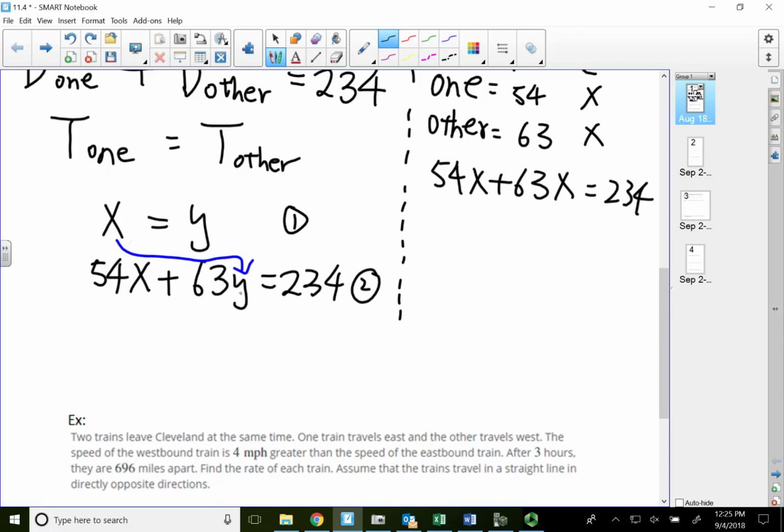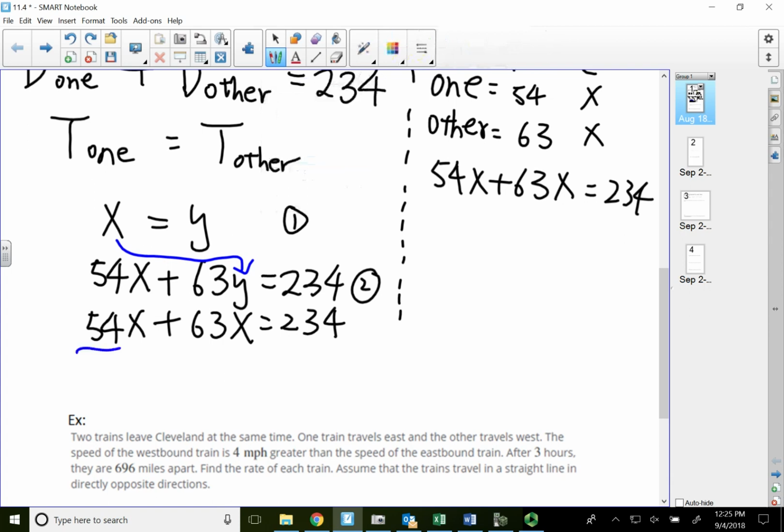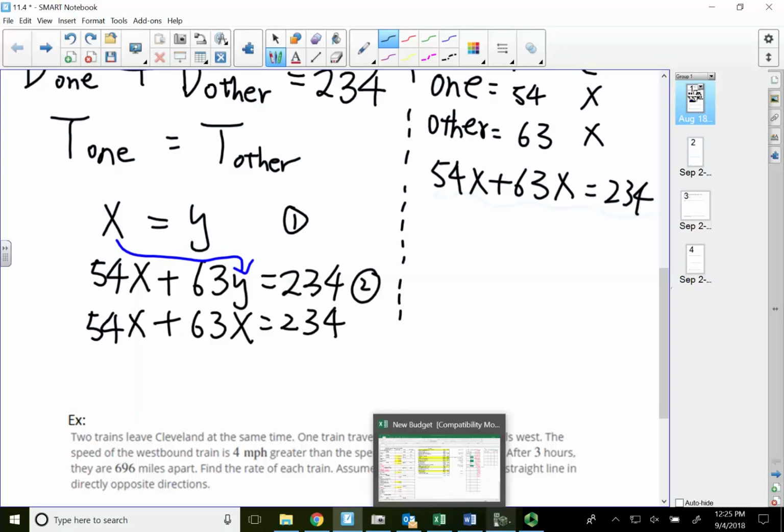So if I substitute x for the y, that will be 54x plus 63 times x equal to 234. You see the two equations, either I use one variable or two variables, are exactly the same because we can only solve one variable at a time. So these two are exactly the same equation.